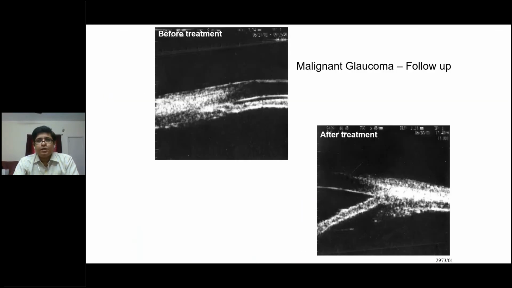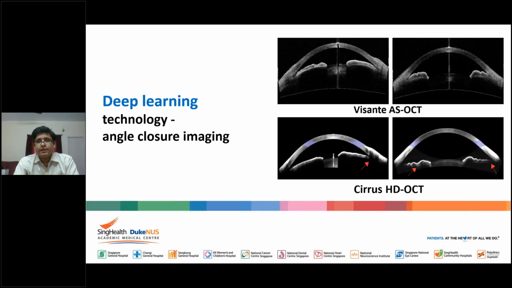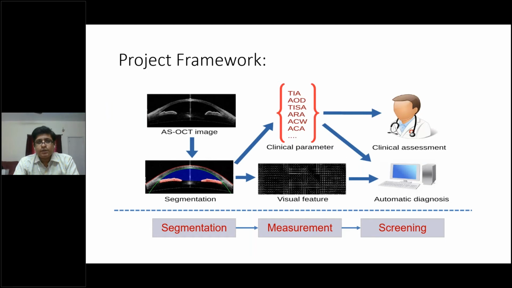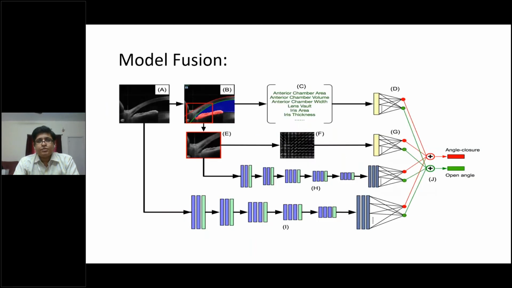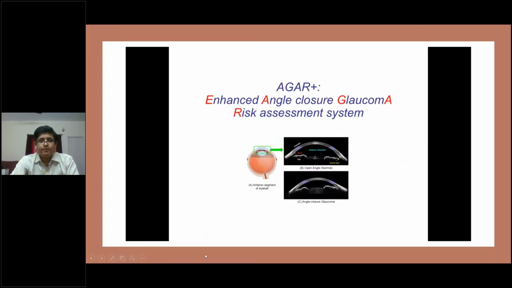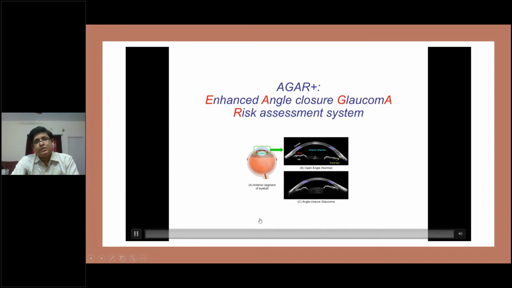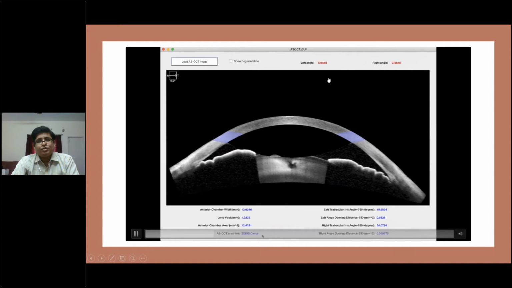So, a quick word about deep learning technology and angle closure imaging detection. We tried to work with neural networking, and we use that to get some of these automated tools with various OCTs. You can see that it automatically detects angle closure in no time. Also, it gives all these parameters.